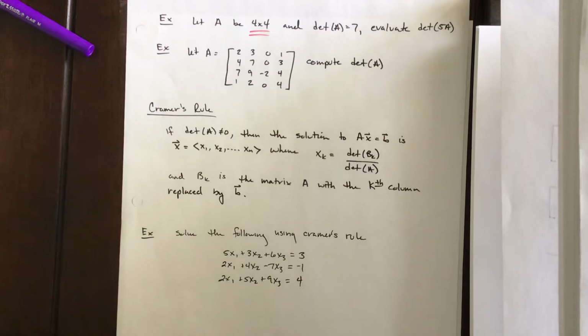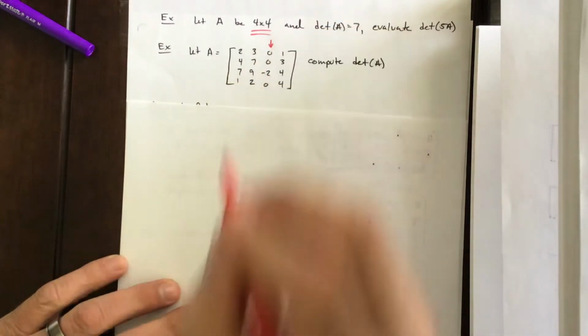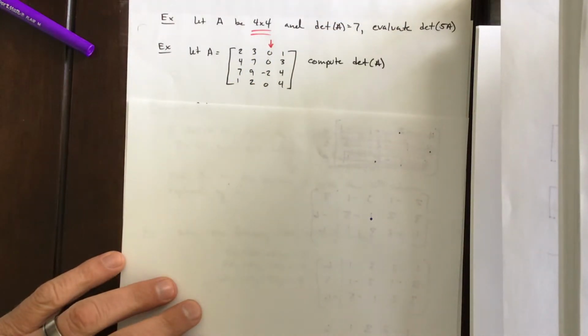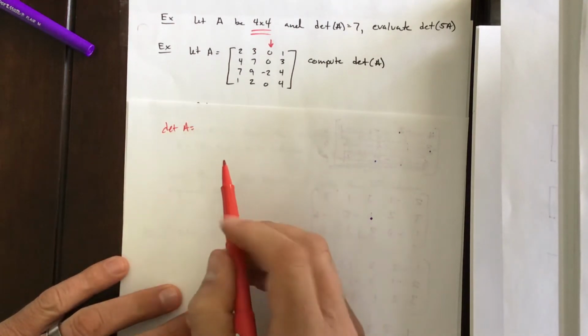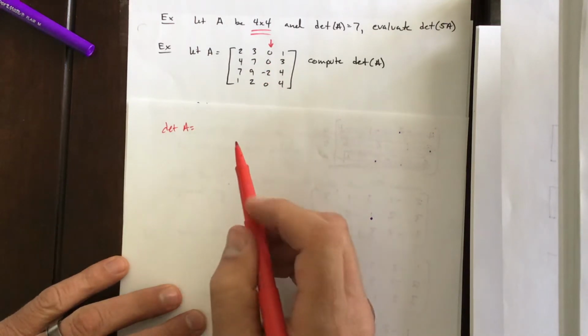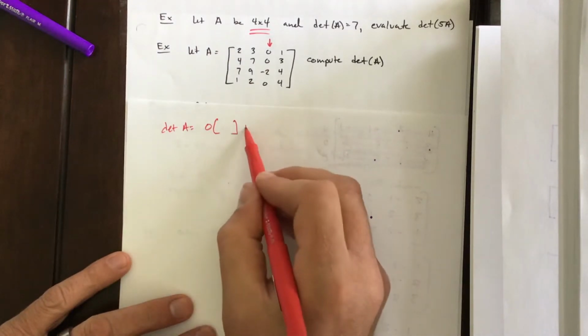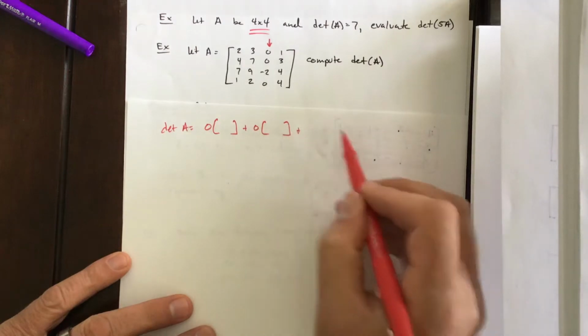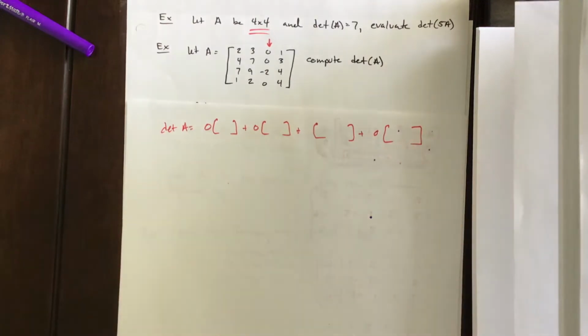And the next example, they give you a 4x4 matrix and ask you to compute the determinant of it. Okay? For this one, take a look at column number 3. A bunch of zeros in it. So the determinant of that matrix is going to be the determinant of 4 3x3 matrices, but three of the 4 3x3 matrices are going to be multiplied by 0.